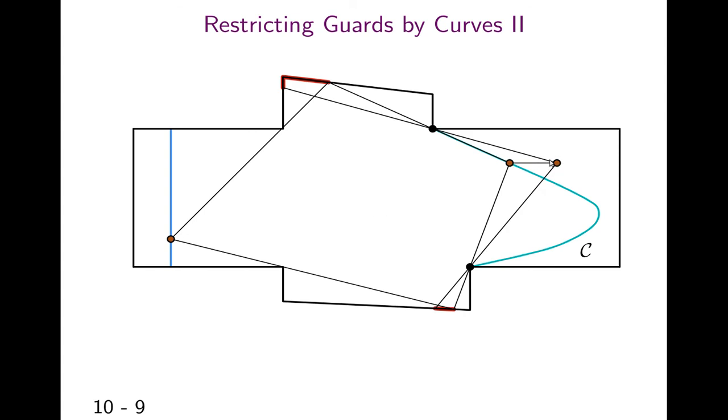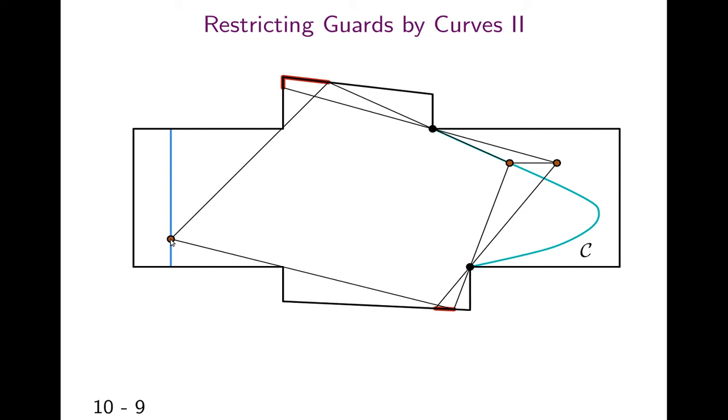But this point here is to the right of C. This point sees strictly less on the top and on the bottom. And now, could this guard compensate for what is not seen here and there? And the answer is no.